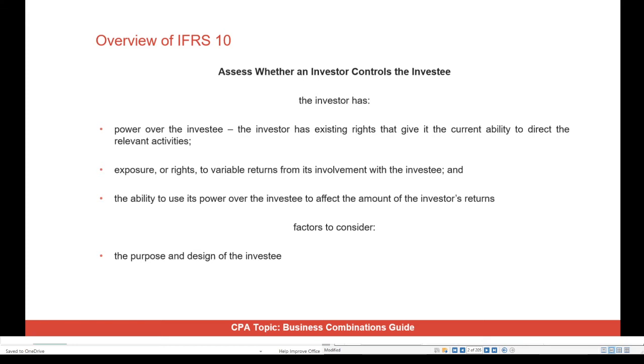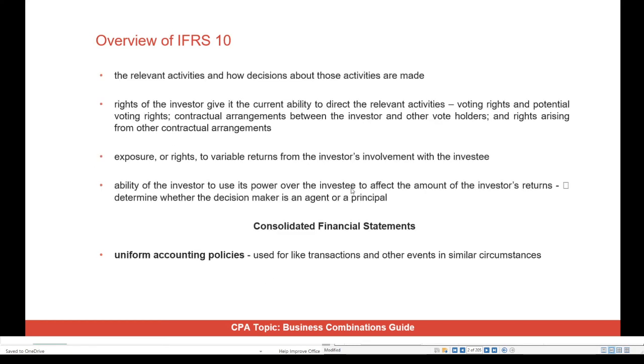So, maybe they can institute policy on how much profit they're going to come out with, or the dividends. This is really about who's really controlling whom, okay? Other factors to consider are the purpose and design of the investee, the relevant activities, and how decisions about these activities are made. You may not need to know these line-by-line details, but you want to be able to recognize, in general, who has control and the reason why, okay?